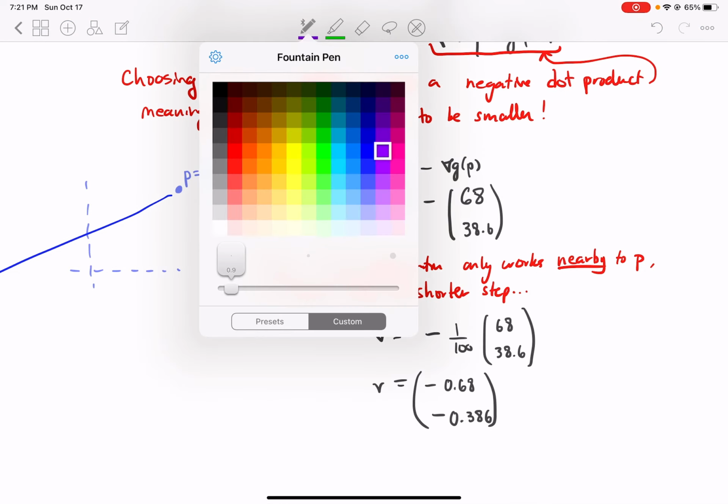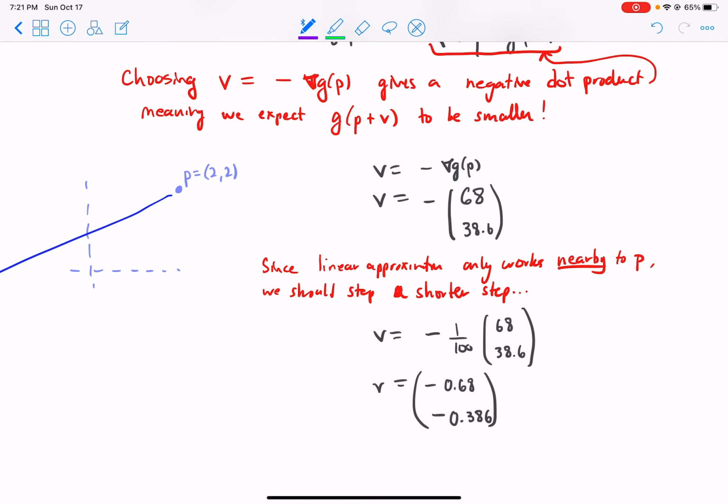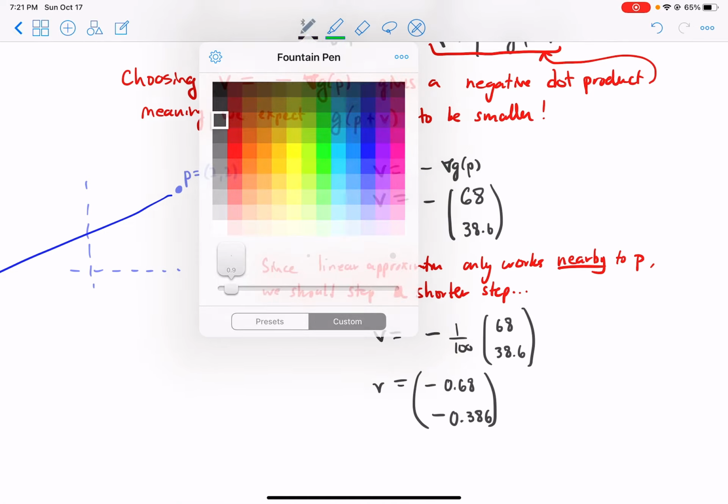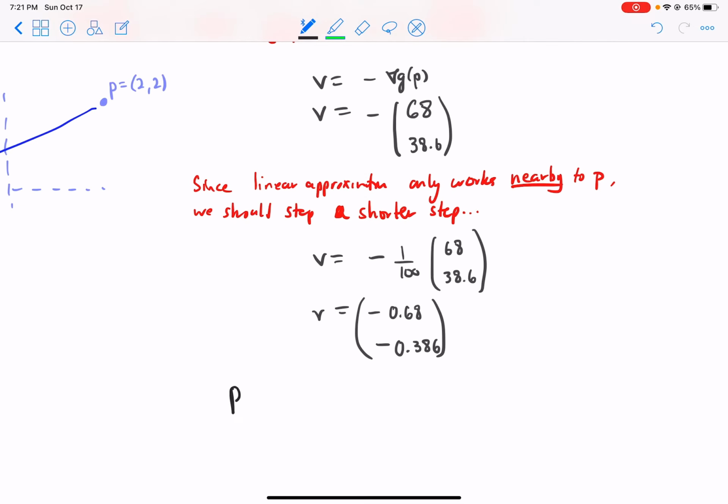So I'll draw that into the picture. First let me say that we're going to move to p plus v. Well, p was (2, 2), and v is negative 0.68, negative 0.386. Okay, and what is that?